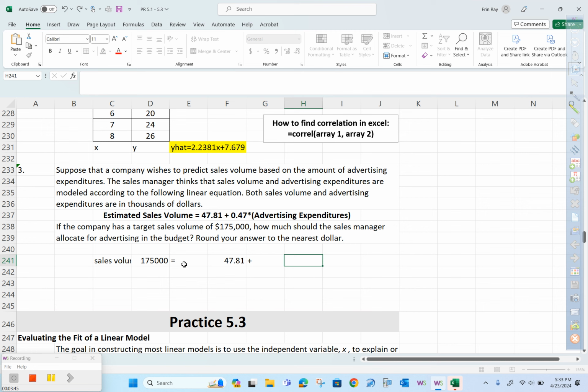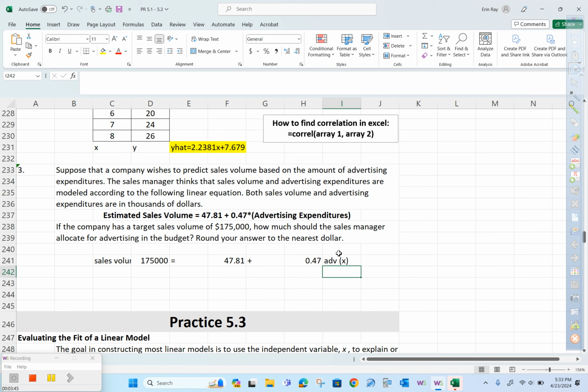And then the next one is my 0.47. And lastly is my advertising expenditures. And that generally is where our X goes. So now we have this equation set up for us. We've got our sales volume number equal to this, and that lets us solve.